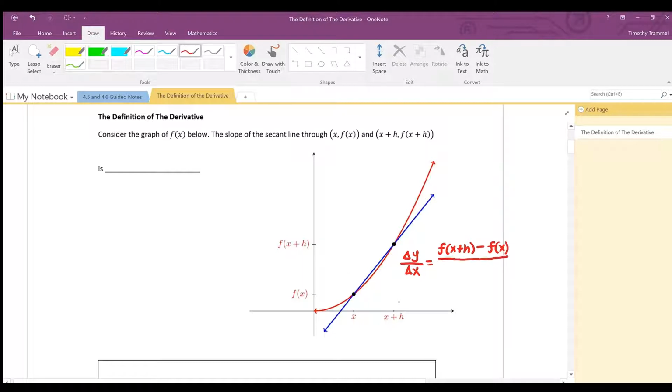And then on the bottom here, the x value here was just x plus h, and then the x value here is just x. If you simplify that, we get f of x plus h minus f of x all over h. And so you might recognize this formula. This is our difference quotient.